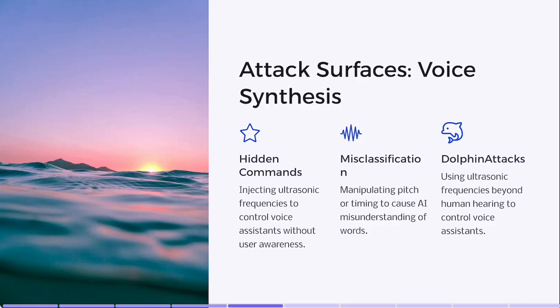Or misclassification: slight shifts in pitch or timing might push the AI to misunderstand words. A study by Berkeley AI Research demonstrates dolphin attacks using ultrasonic frequencies beyond human hearing to control voice assistants. This indicates even voice-based systems have exploitable vulnerabilities.